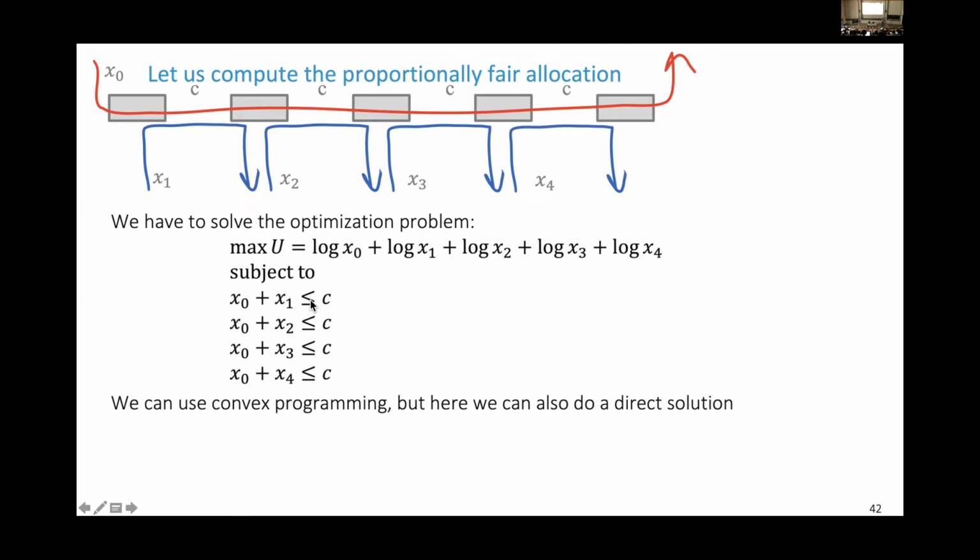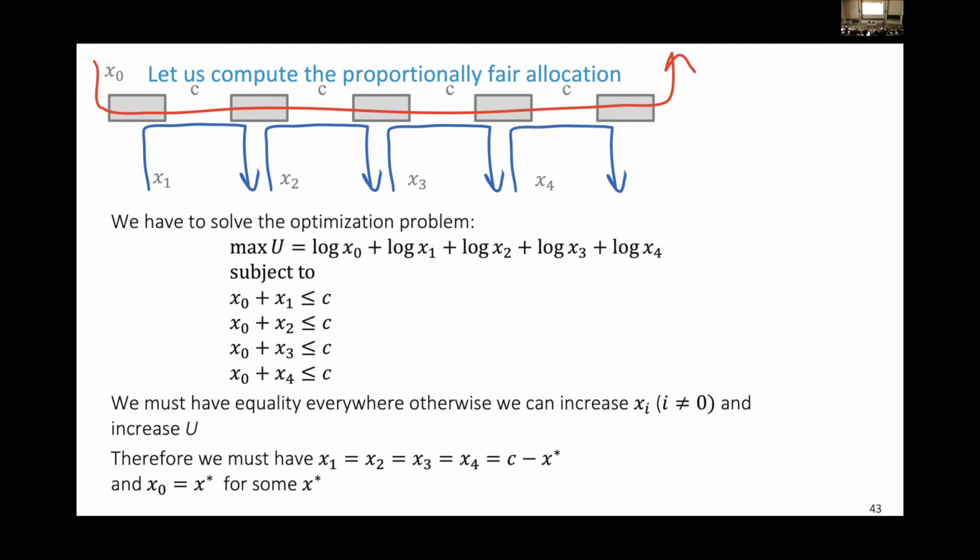You can solve such problems using convex programming, but this one has a trick. We can directly solve it. The first observation is that when this maximum is attained, we must have equality everywhere. So each of these constraints must be satisfied with equality. Why is that? Because imagine, for example, this constraint is not satisfied with equality.